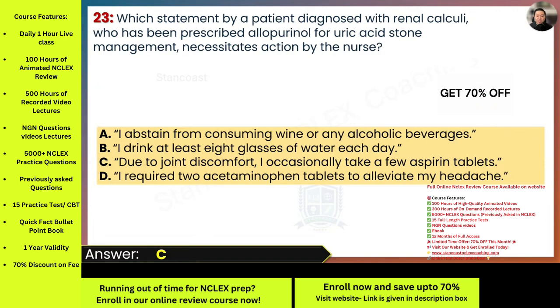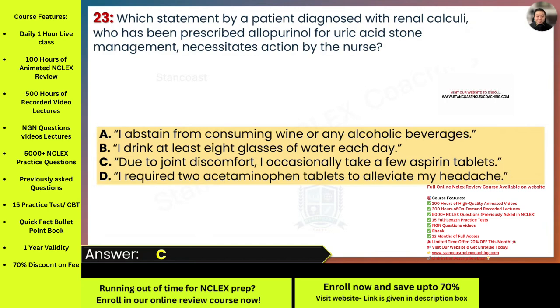We know that hydration can be beneficial to prevent drug buildup and stone formation. And this statement shows the patient is following the proper hydration practices, so there's no action required in the statement. Letter D is also incorrect.